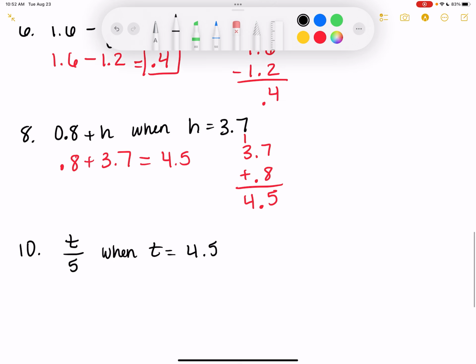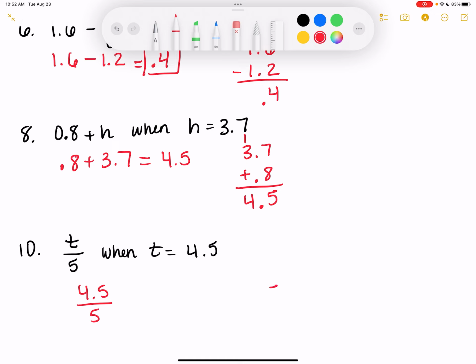All right, so we're going to put 4.5 in for t. So 4.5 over 5. And now I'm going to say long division, but it's really going to end up being short division.